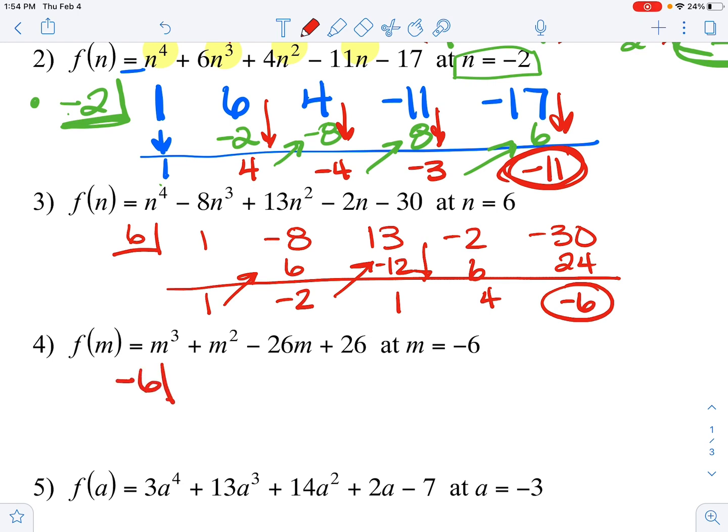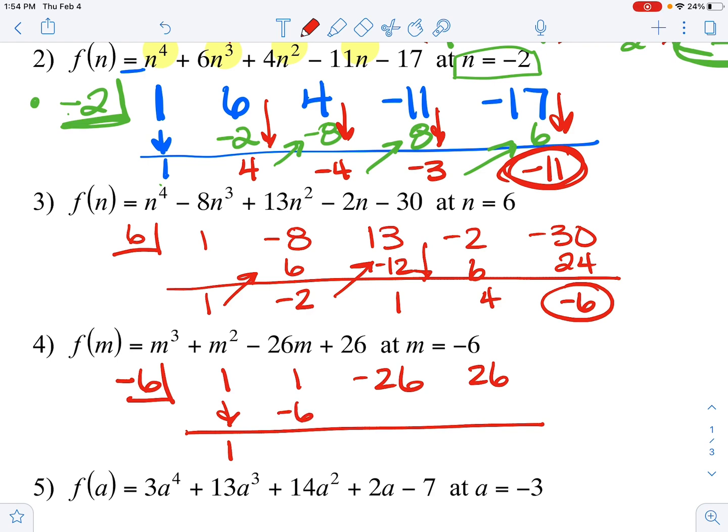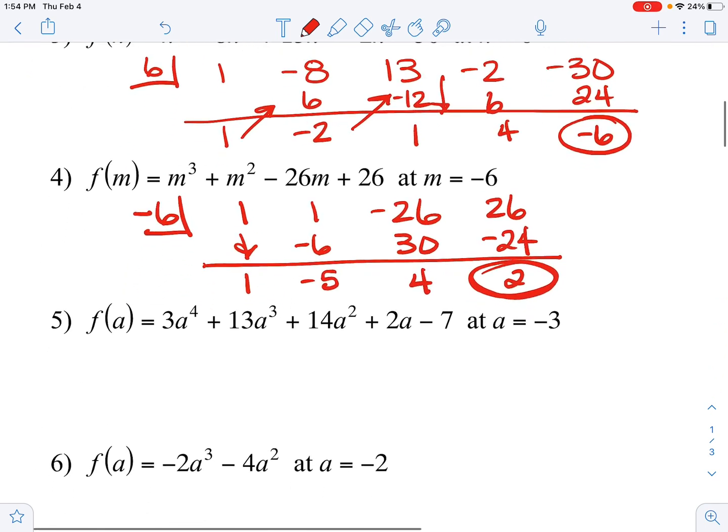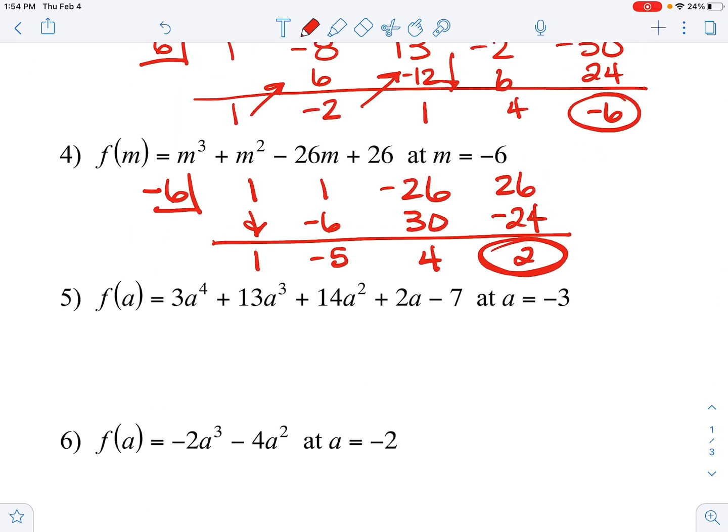Negative 6, and we have 1, 1, negative 26, positive 26. Bring it down. Multiply, add, multiply, add, multiply, add. Please use a calculator if you're not great with your basic adding of integers or multiplying of integers.